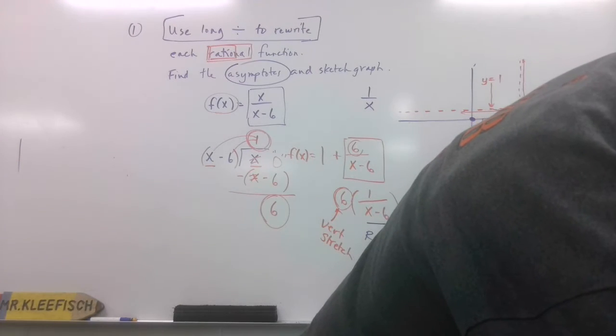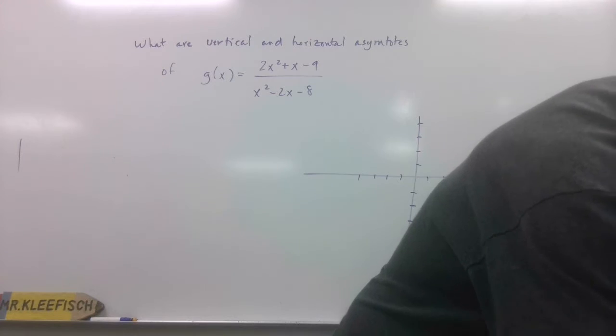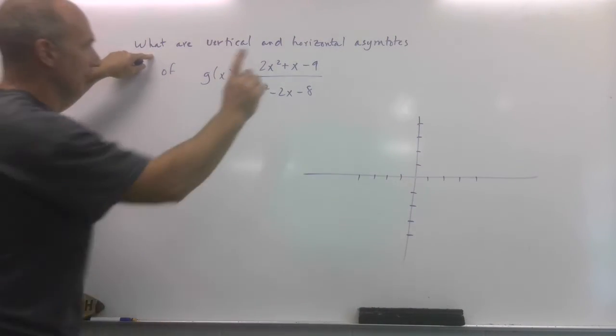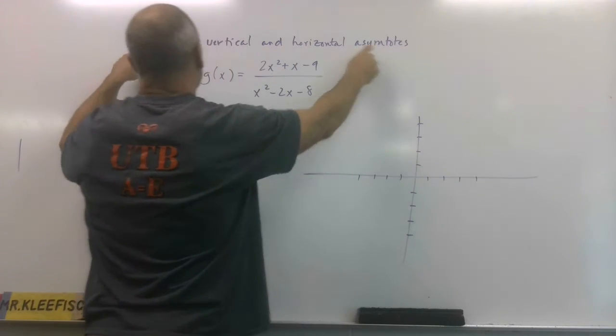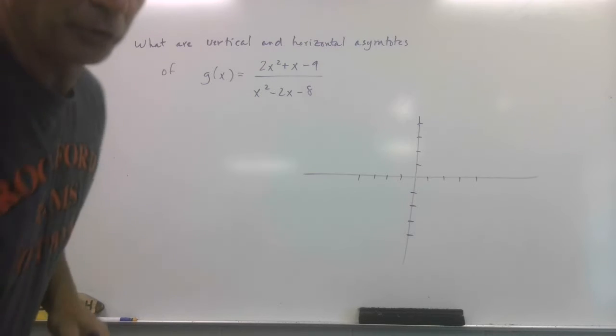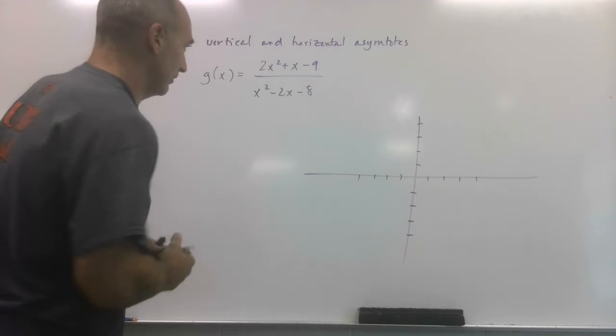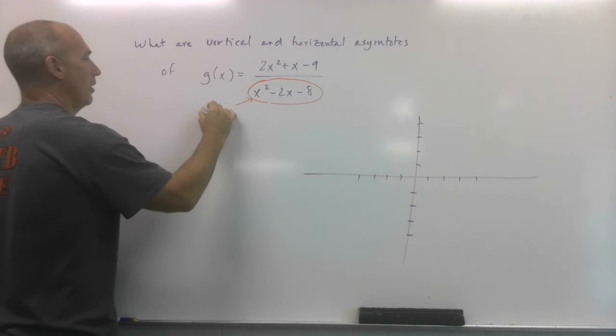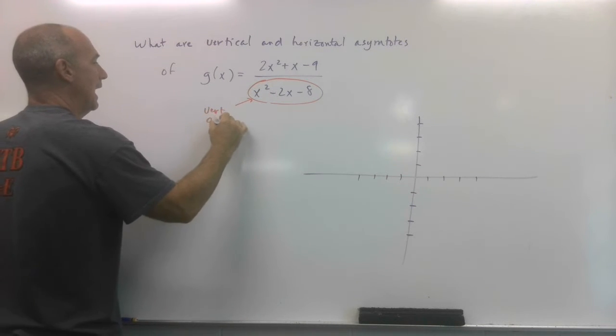One more sample problem. Okay, so what are the vertical and horizontal asymptotes of this? Well, first thing we're going to do, as noted in the pre-lesson, is we focus on this and this alone, because that's going to spit out our vertical asymptotes.